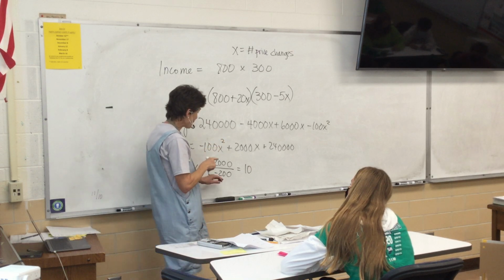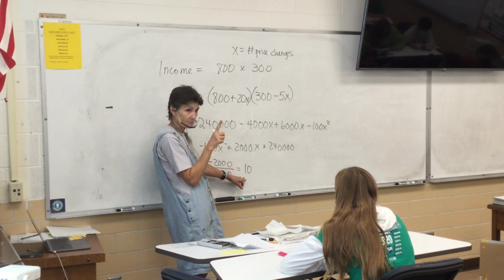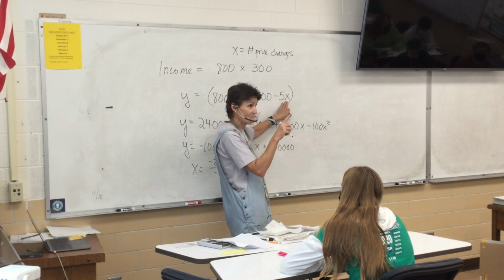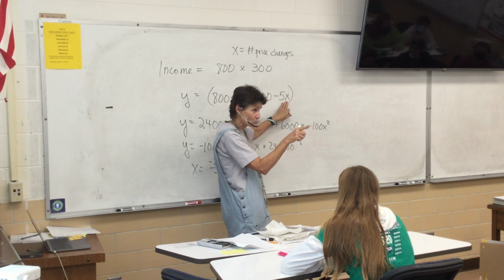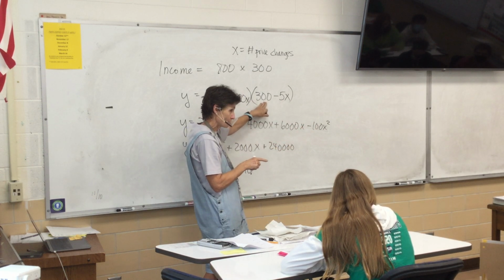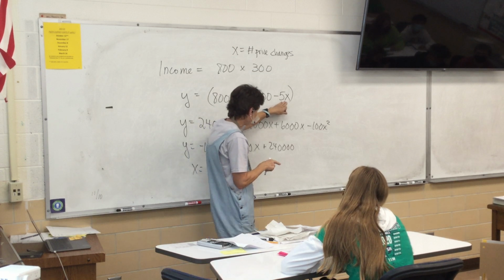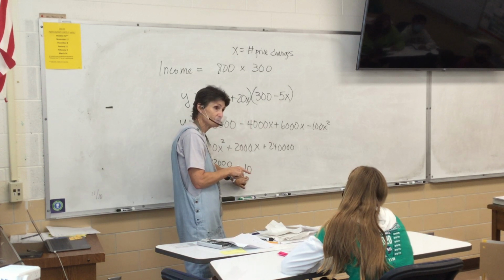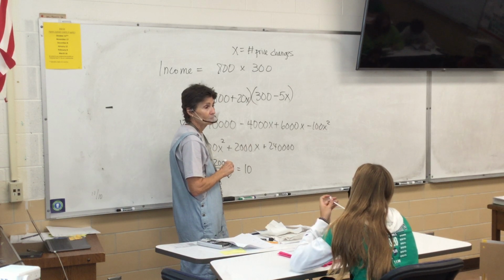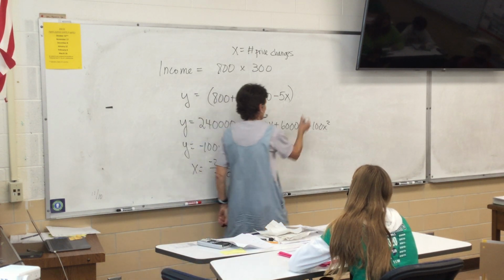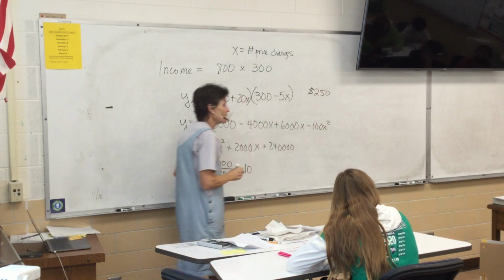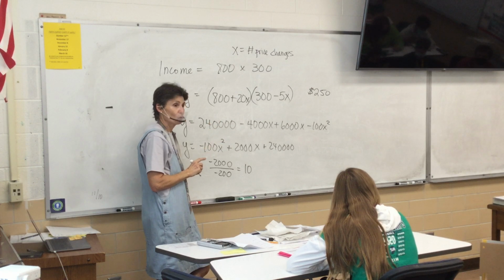So if I change the price 10 times, that means I'm gonna drop the price by $50 because every time was worth 5. So if the original price was 300 and I drop it 10 times, then what rent should I be charging? $250. Yeah. So $250 is the rent you should charge to maximize your income.